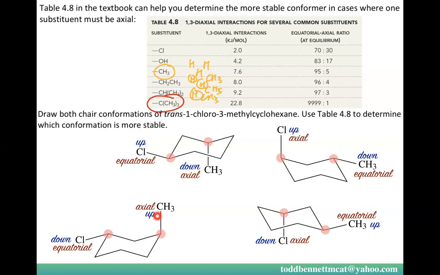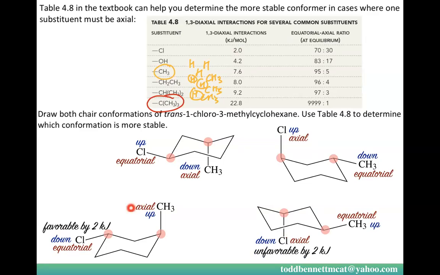So I'm going to start with the bottom two, just because there's a little more room to write in here. When I have a CH3 axial, that is going to cost me 7.6. And when I have a Cl equatorial, it's going to give me 2. So that's favorable by 2. This one's favorable by 2. You could say this one's unfavorable by 2.